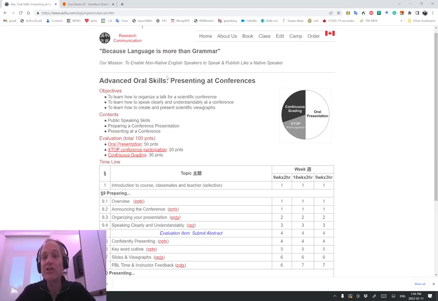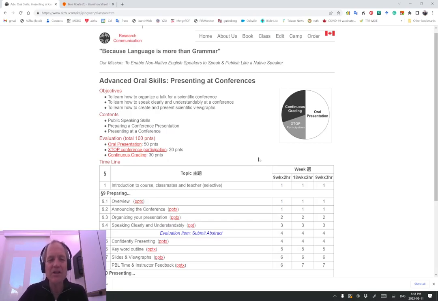The evaluation and formatting of this class is going to be different from other classes. In this class, continuous grading is 30 points, while the conference in which you have an opportunity to present your work is going to be a total of 70 points: 50 points for your presentation, 20 points for how you respond and react in the conference.